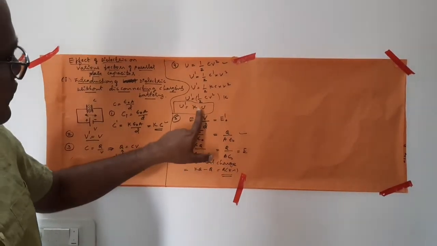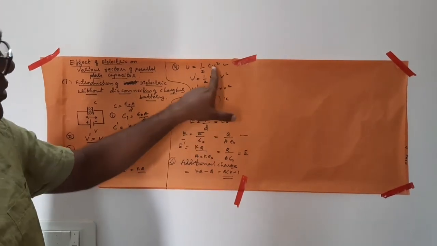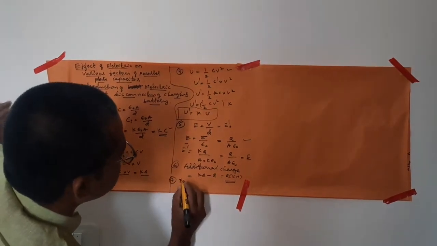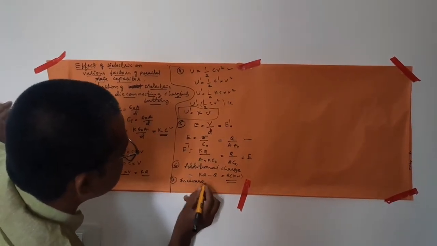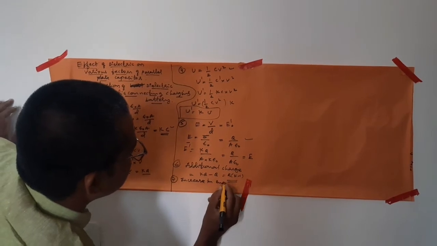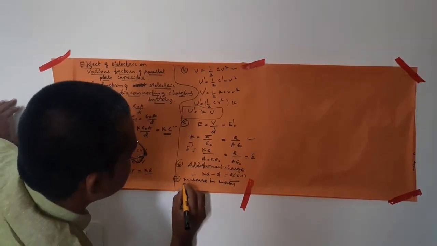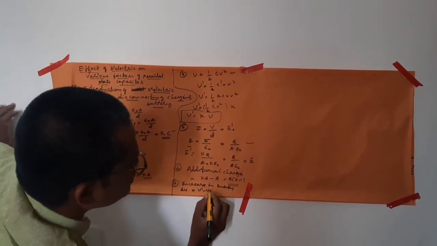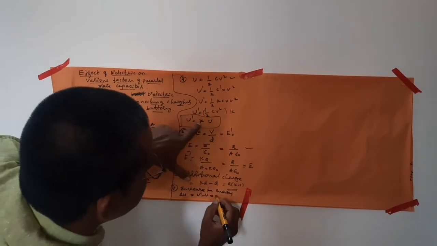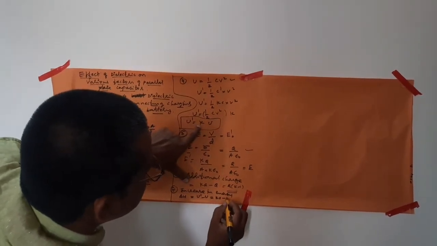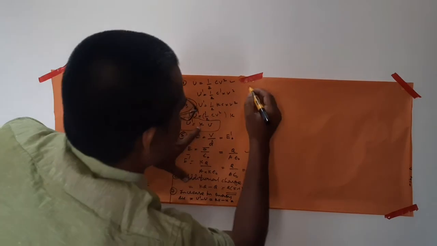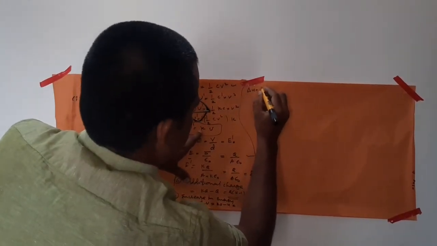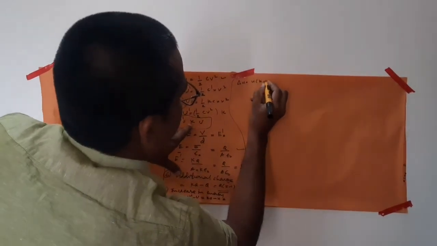How much will the energy increase? The final energy is K into U, and the initial energy is U. So increase in energy, delta U, is equal to final energy stored minus initial energy, which is KU minus U. Taking U common, it is U times (K minus 1).